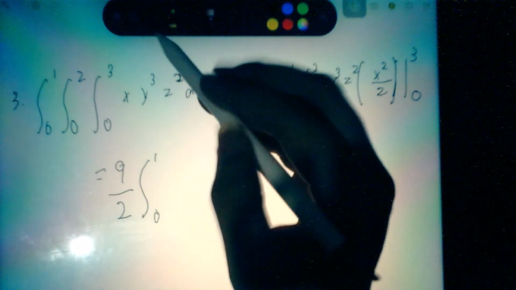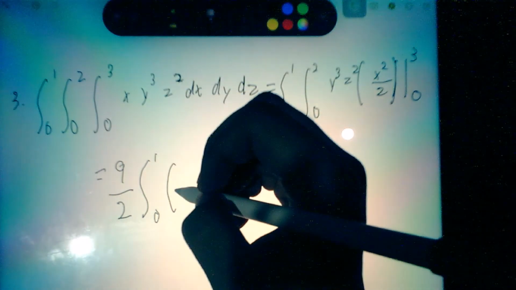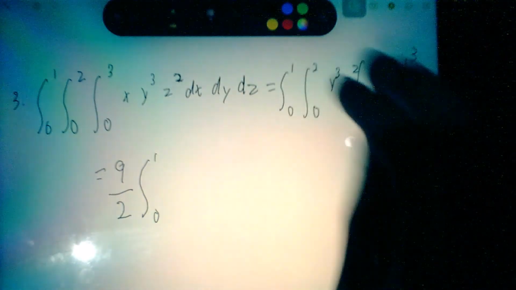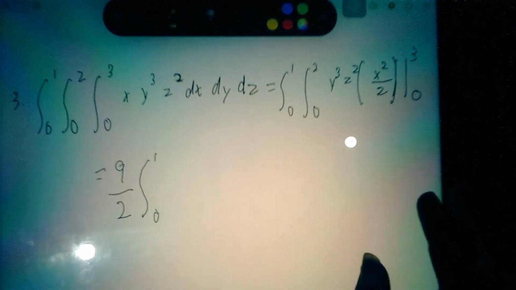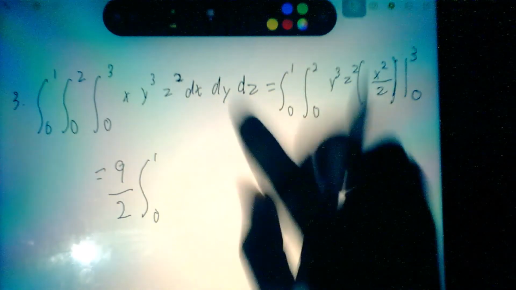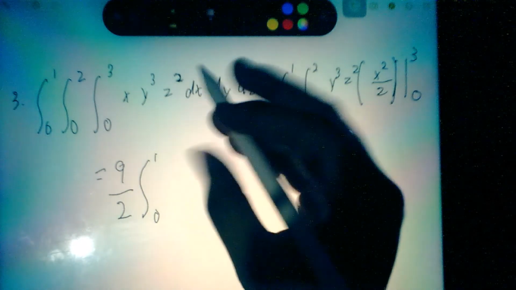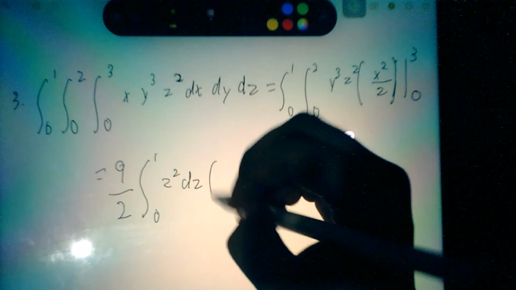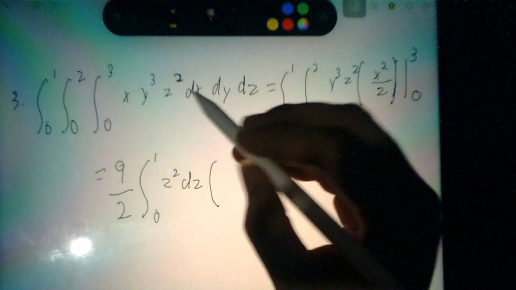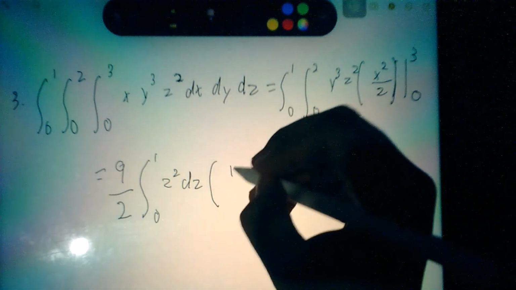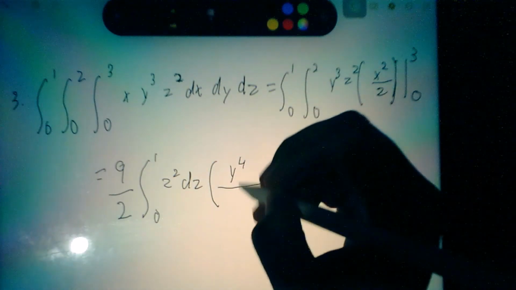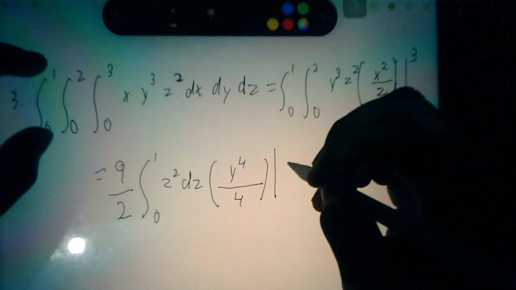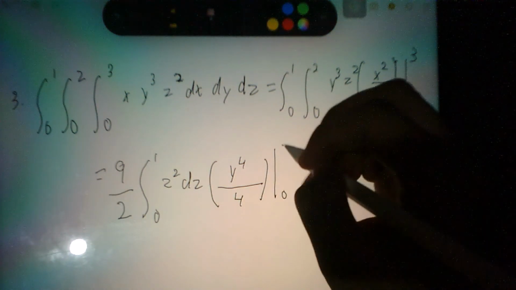The second integral we need to find is with respect to dy. Since z squared is constant, let's put it here, dz, times the integral of y cubed, which is y raised to 4 over 4, with limits 0 to 2.